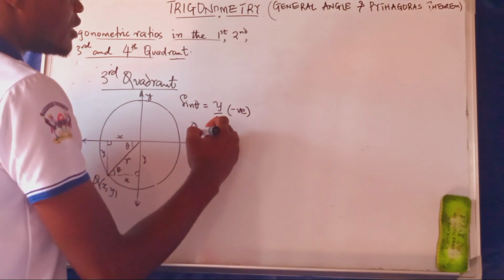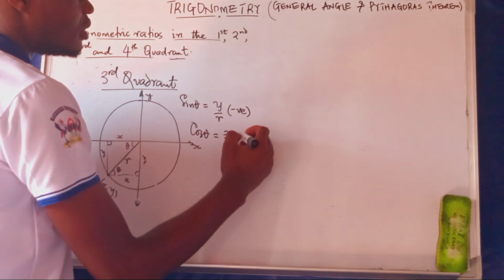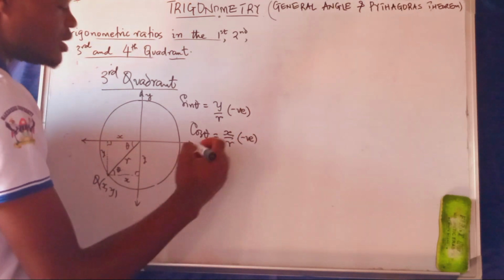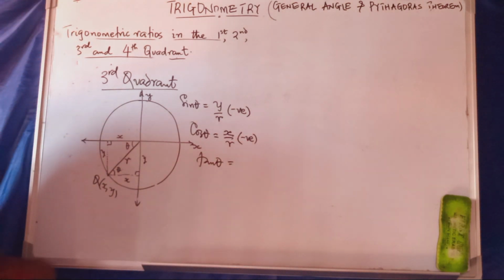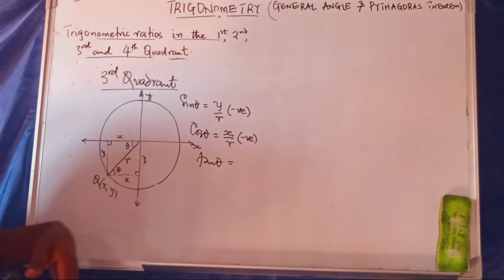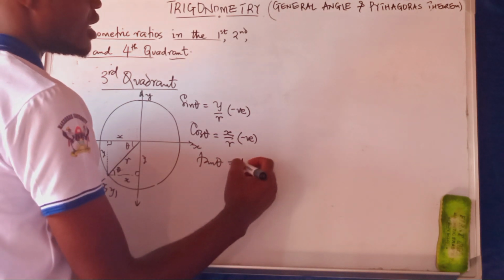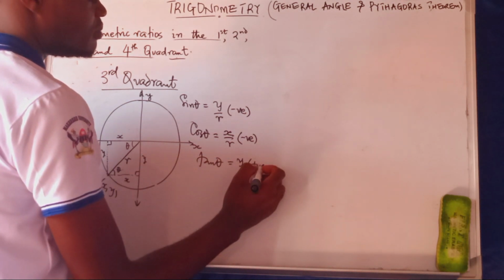What happens for the cosine? The cosine is x over r, but also negative. So what happens to the tan? Obviously, it will become positive. Why? Because you have a negative x and a negative y, so it is y over x, but it is always positive.